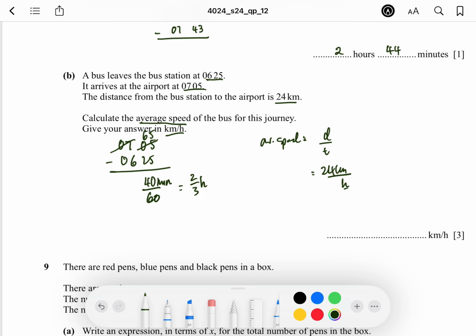You can make it a fraction or a decimal, but teacher makes it a fraction. Why? When I put it there, that becomes 24 divided by 2/3, which is 24 times 3/2.